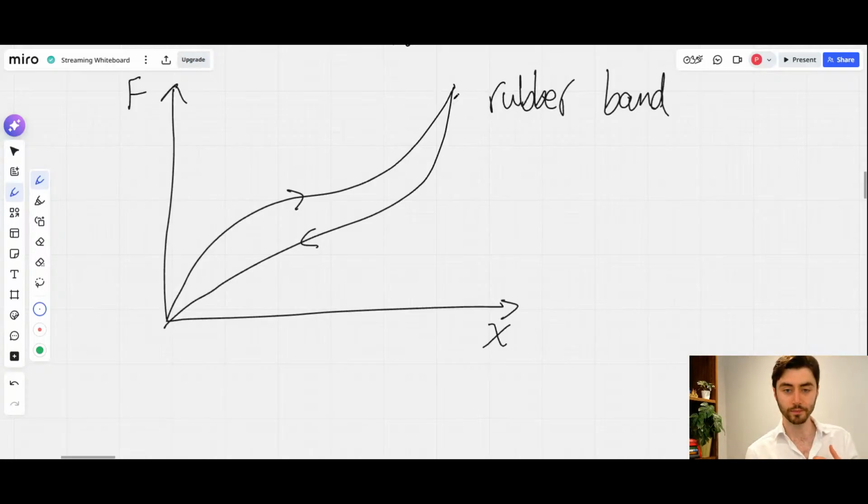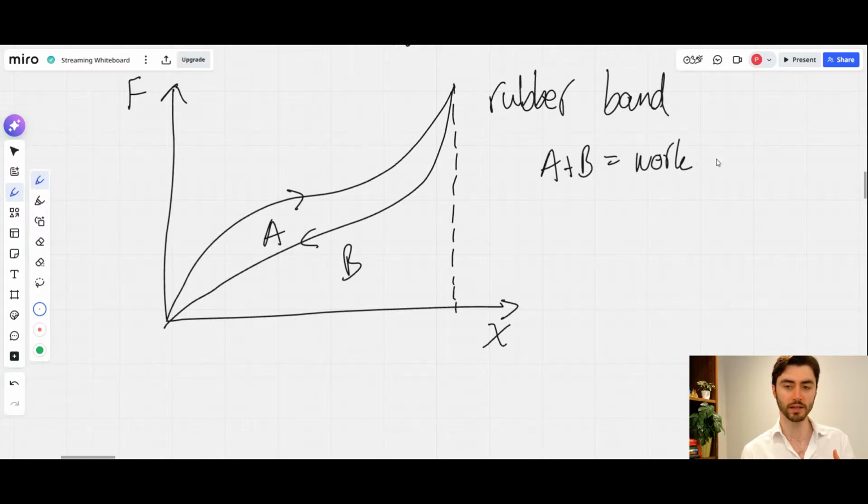So in other words, if we consider two areas, if this is area A and this is area B, then A plus B equals the work done to extend.